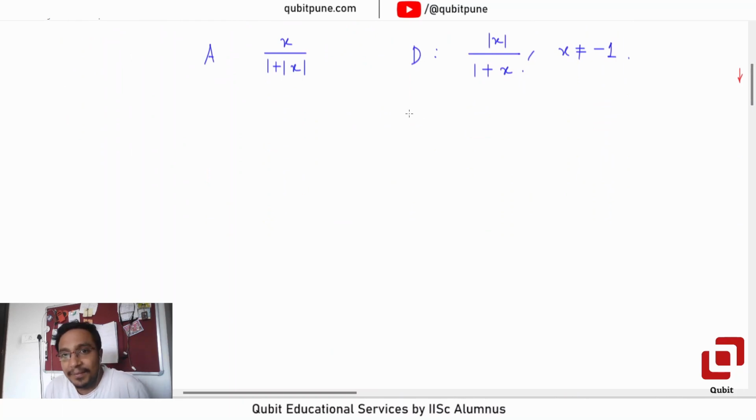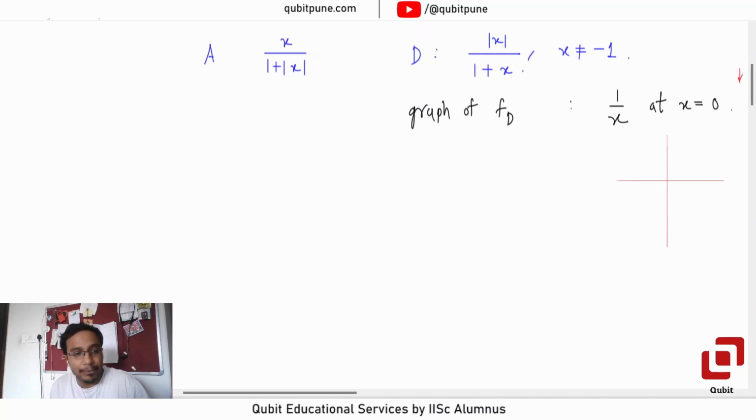If you imagine how the graph of f_D would look, this graph will show similar behavior as that of 1 upon x at 0. Do you remember how the graph of 1 upon x behaves near the origin?